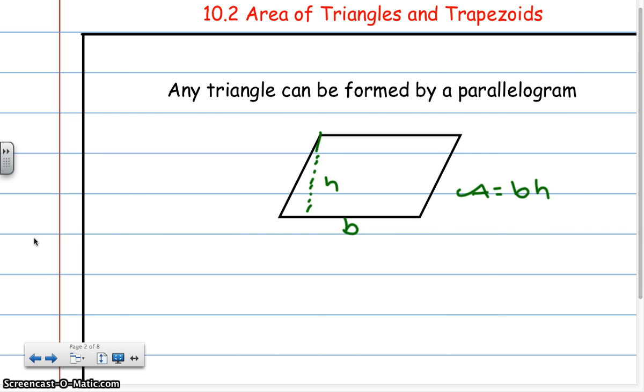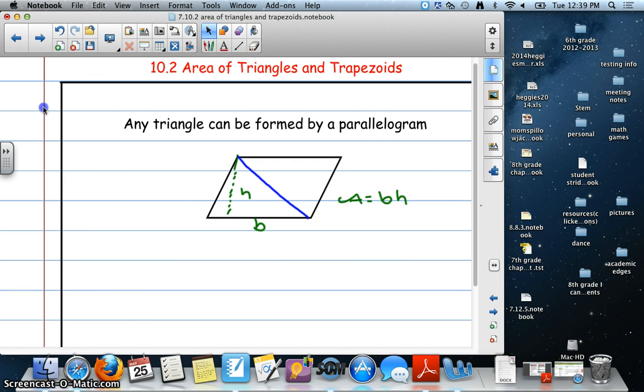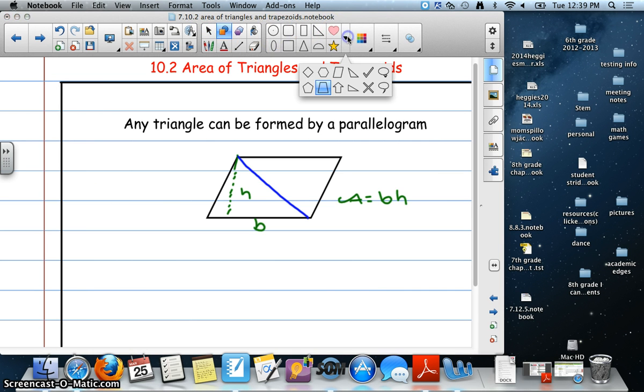Well, you can take any triangle and form a corresponding parallelogram. Maybe let me show you that for sure. All right, if I make any other type of triangle, let me see, I'll make this one.